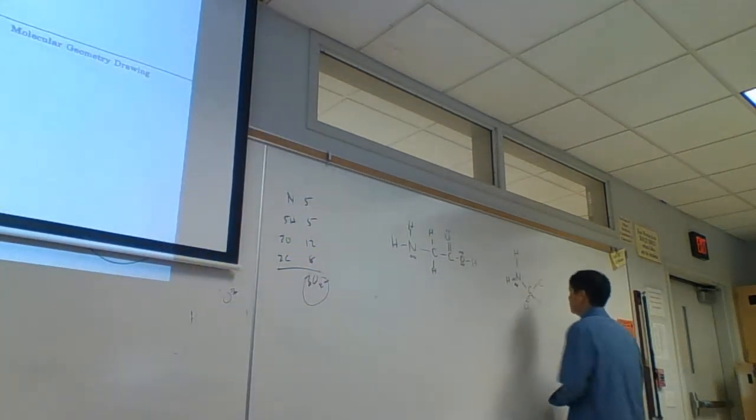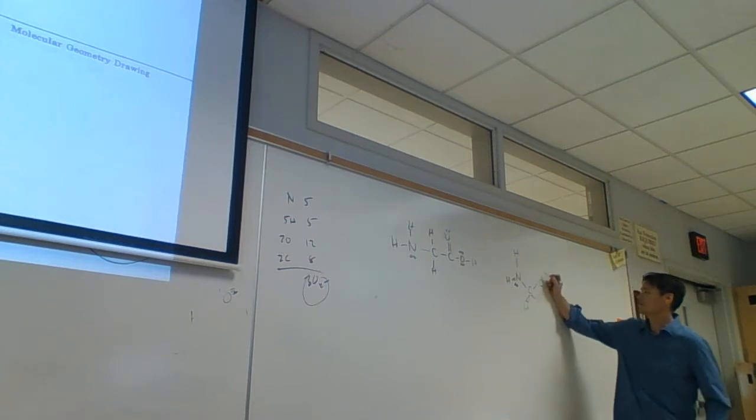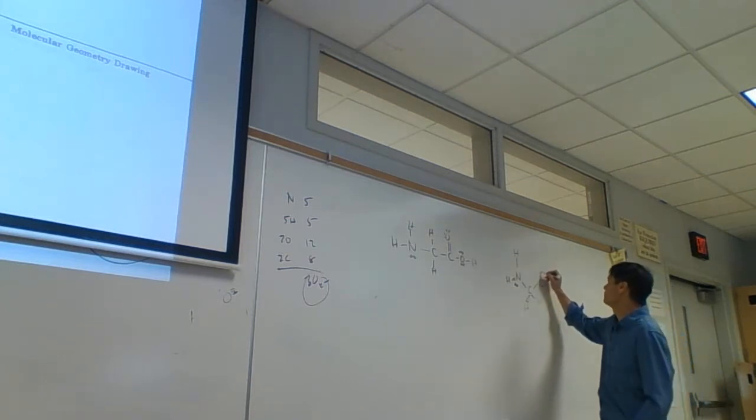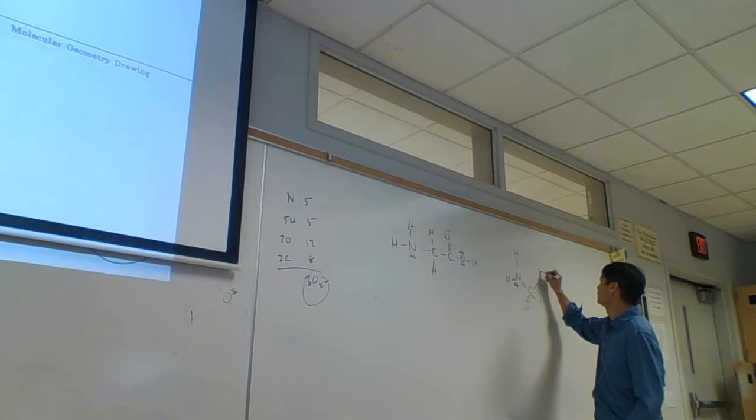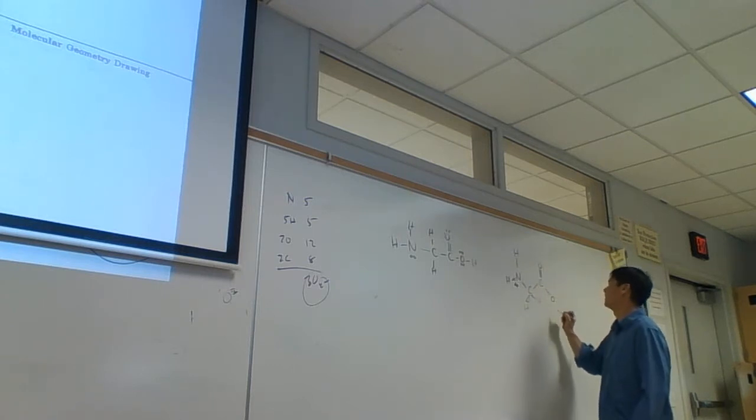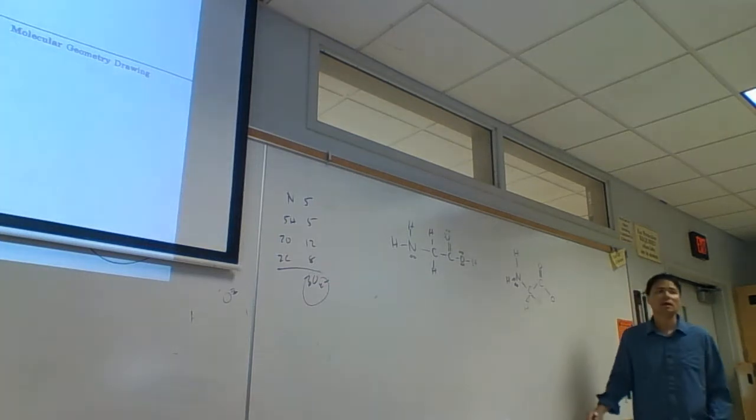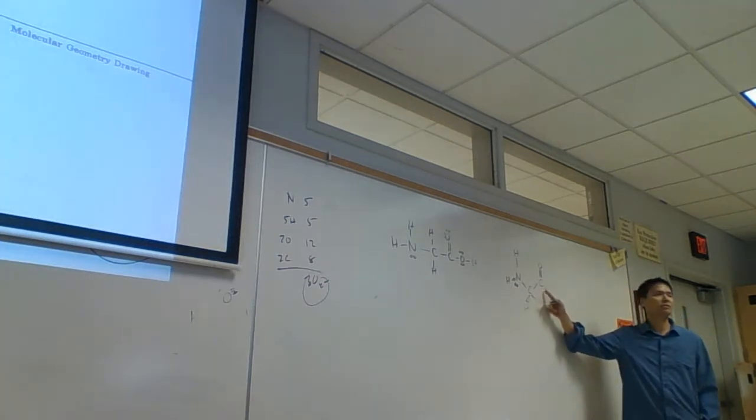Now for trigonal planar, we're going to try to draw all three sets in the plane. So I'm going to put the double bond up like this and the single bond down like this. We're going to use the brown one. Now the brown one has five holes.